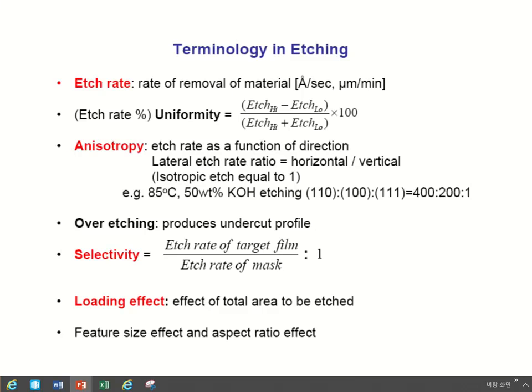So that will be affected by how much opening area is available. If you have lots of area to be etched, then there are some effect by this opening area, right? So that's kind of the thing that we call a loading effect. Feature size effect, and then aspect ratio also effect on the etching characteristics.